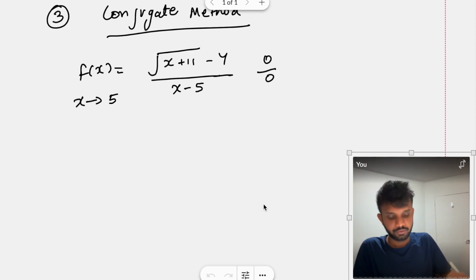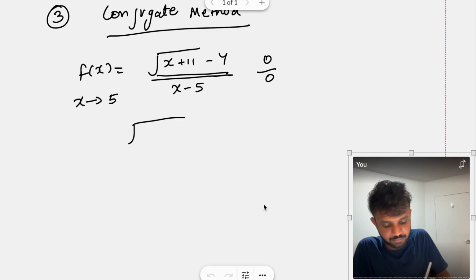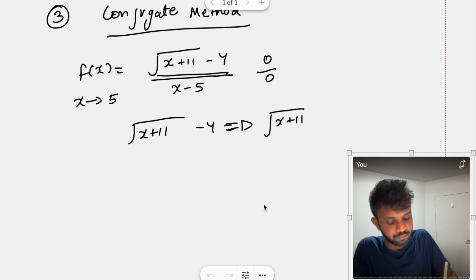So now in this case, what we'll do, we'll try to reduce the numerator with its conjugate. We'll multiply the numerator with its conjugate, and we multiply the same with the denominator. So what will be the conjugate of root x + 11 minus 4? The conjugate of this will be root x + 11 plus 4, right?